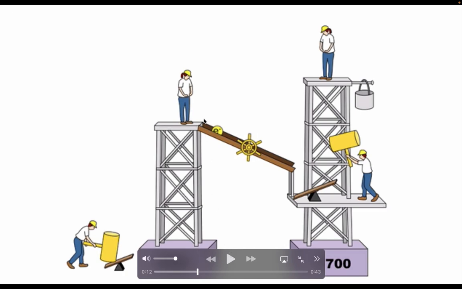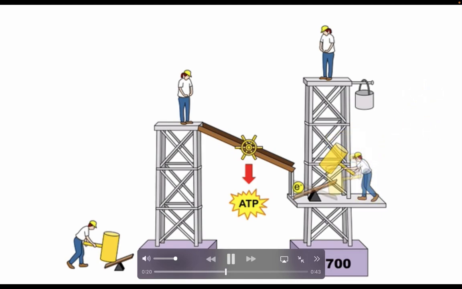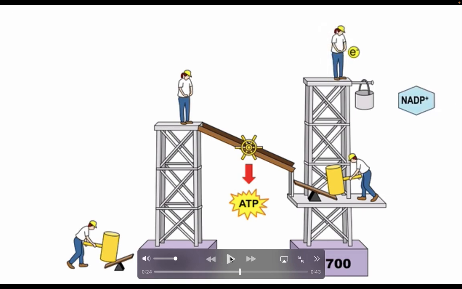Then this electron, as it's coming down with its energy, is powering a little pump, which is like an enzyme essentially, and this enzyme is going to produce ATP. Then we've got another chap with a hammer, which is going to capture another bit of sunlight, and again this electron jumps up the energy level, and this time is going to get captured by this substance NADP.